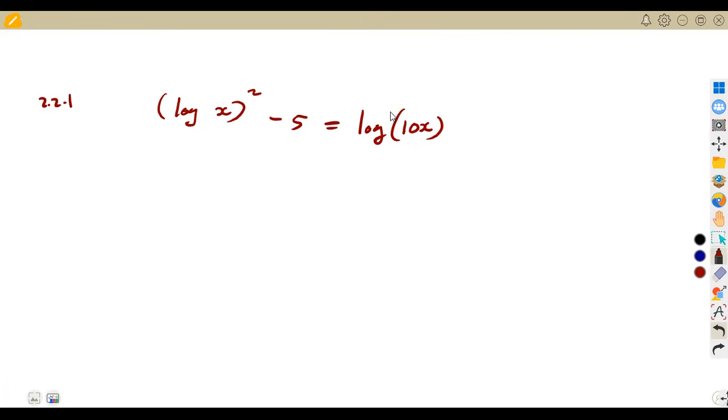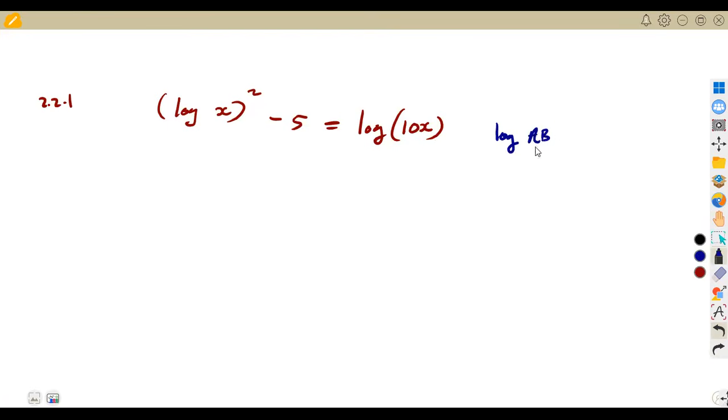So the first thing we should ask ourselves is what exactly made us multiply 10 and x here? Because this is 10x, which means 10 times x. It simply means that we were adding the logarithms.